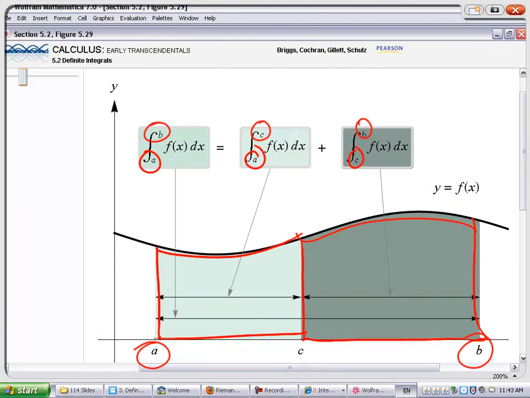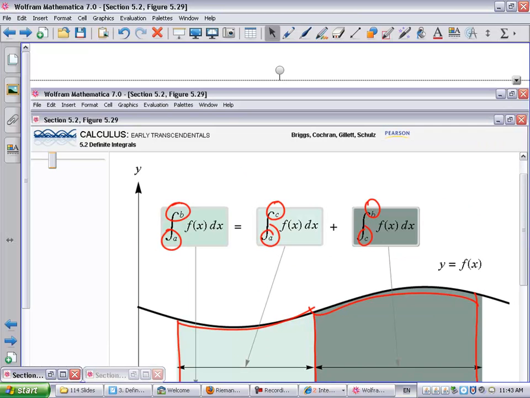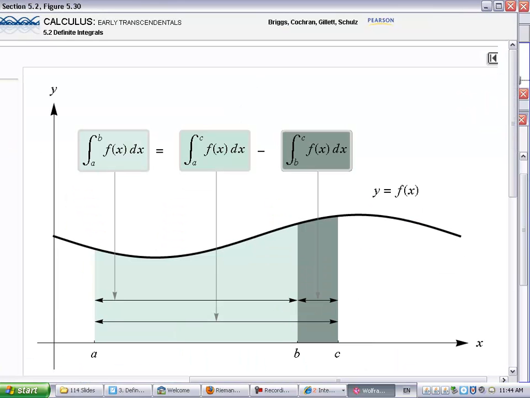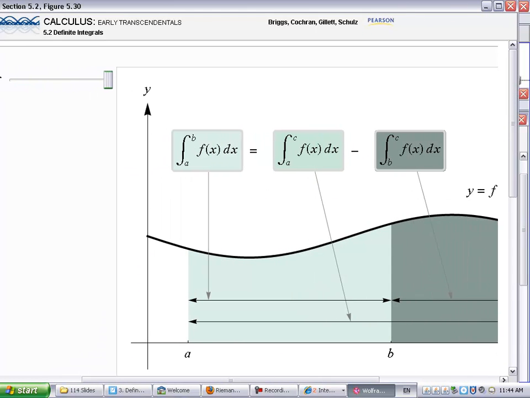Now what about if the C is on the outside? Because that one kind of bothers people. If the C is on the outside of the function, it still actually works, but you end up subtracting.